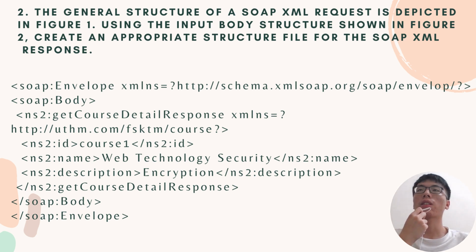So question 2 is about the general structure of the SOAP XML request, typical in Figure 1. Using the input body structure shown in Figure 2, create a proper structure file for the SOAP XML response. So I created a SOAP XML response, and the SOAP Envelope is the root element of the SOAP message.